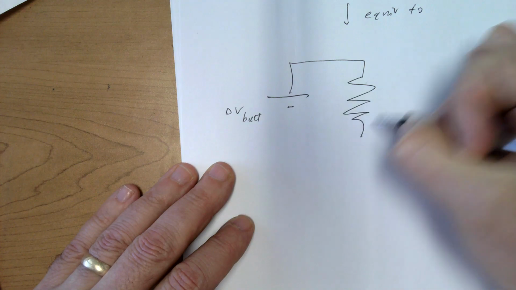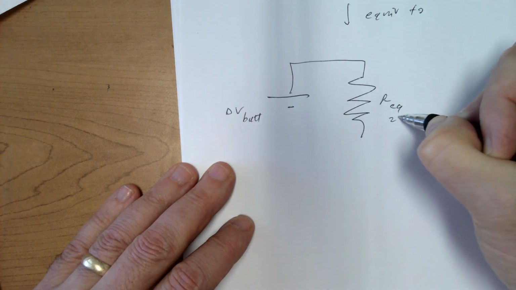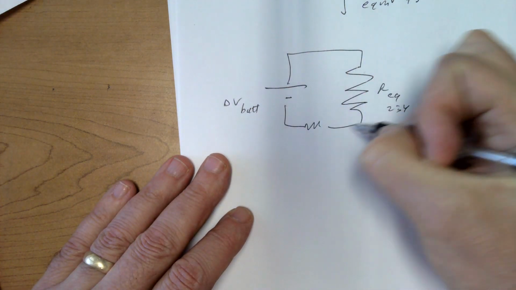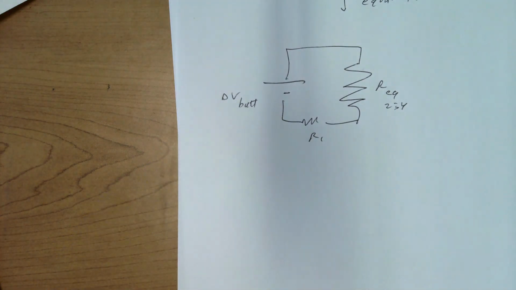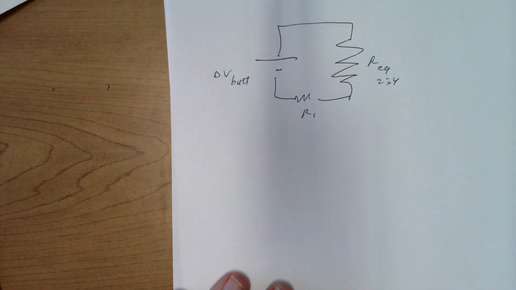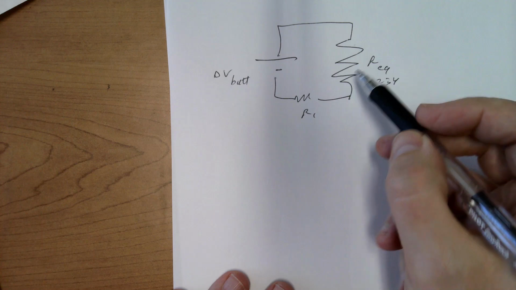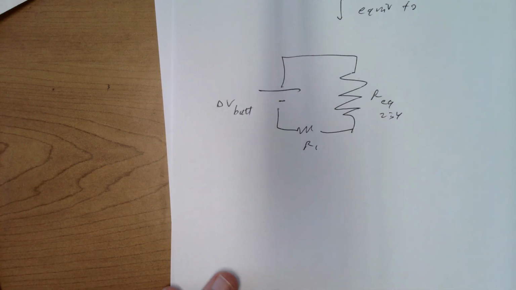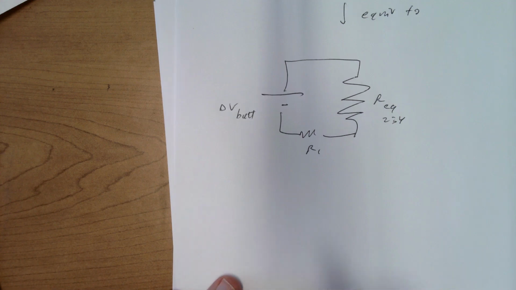I'm going to draw a big REQ of 2, 3, and 4, and then I still have R1 all by itself. So that's equivalent to the circuit I started with. All right, I could combine these two, but I'm not going to, because I've got it down to a circuit now that has one loop, and that was my goal.